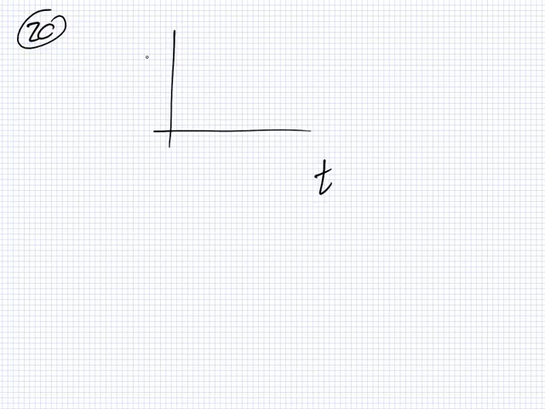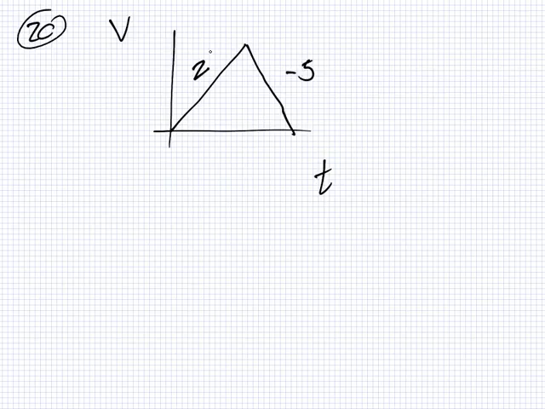So here's the time and here's the velocity. The car shoots up with acceleration of 2 and then shoots down with minus 5, or 5 if you want. And the total time here is 21 seconds.